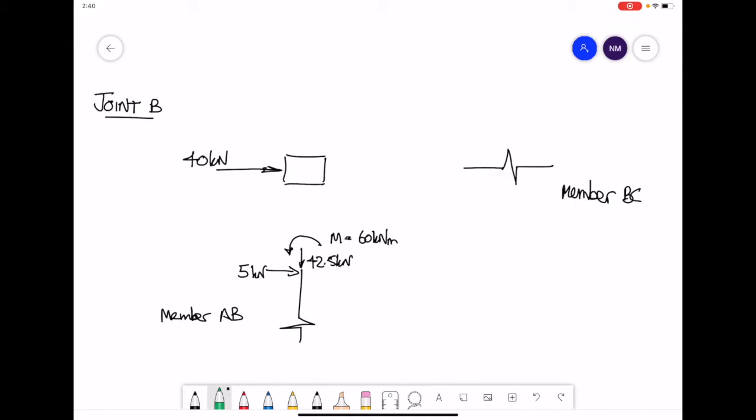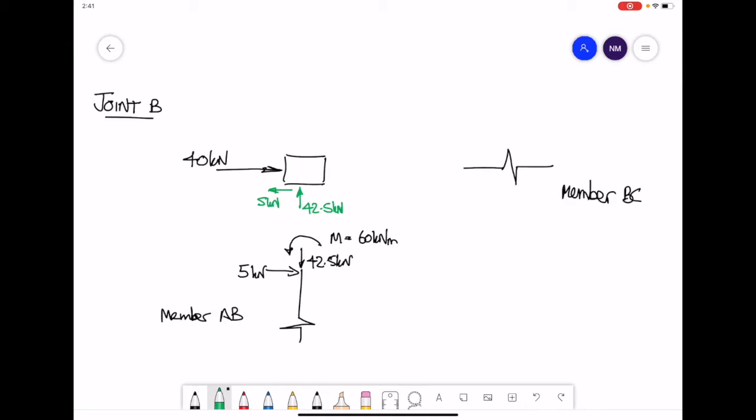So 42.5 going down means we have 42.5 going up. 5 kilonewtons going to the right means we have 5 kilonewtons going to the left.